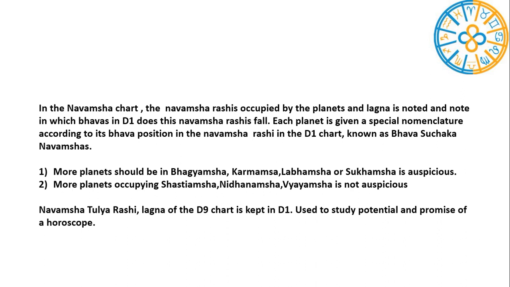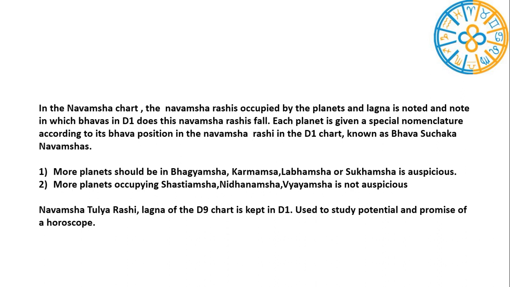Sixth house is Shashtyamsha or Rogamsha. Seventh house is Daryamsha. Eighth house is Nidhanamsha. Ninth house is Agyamsha. 10th house is Karmamsha. 11th house is Labhamsha. And 12th house is Vyamsha. Right? So we are noticing which planets have gone where.